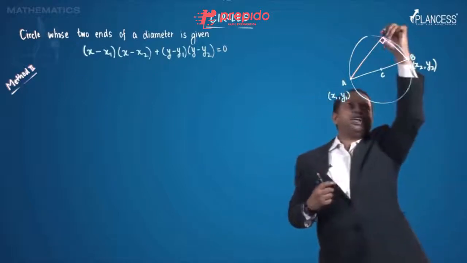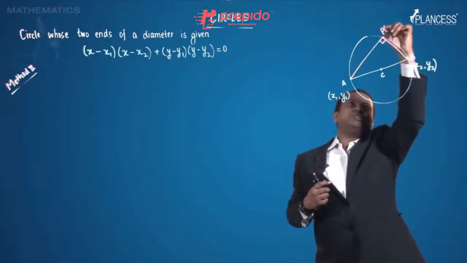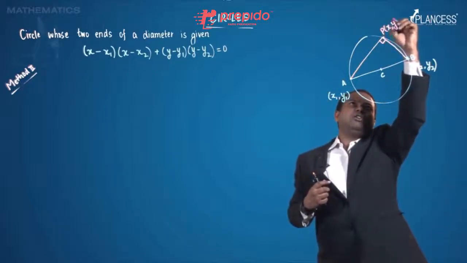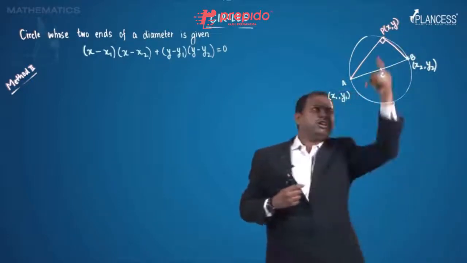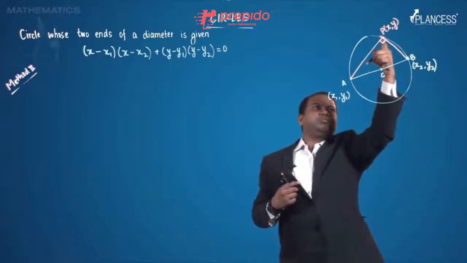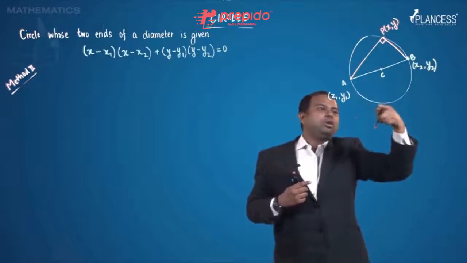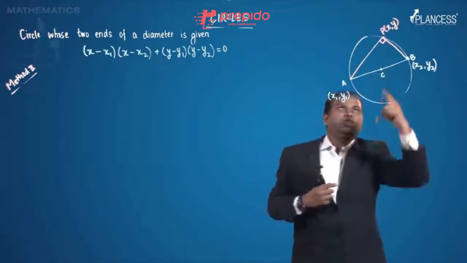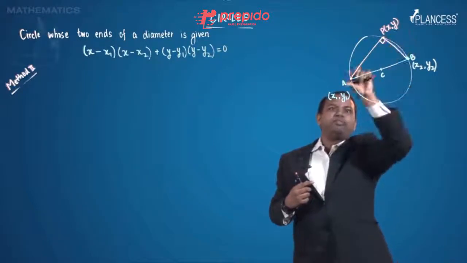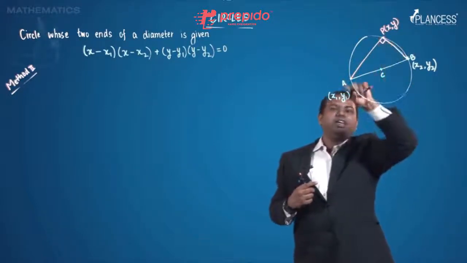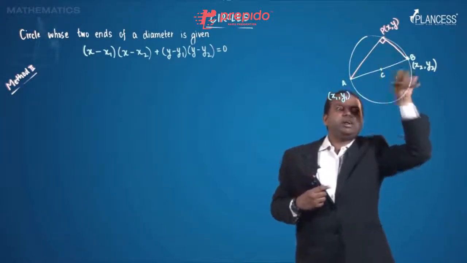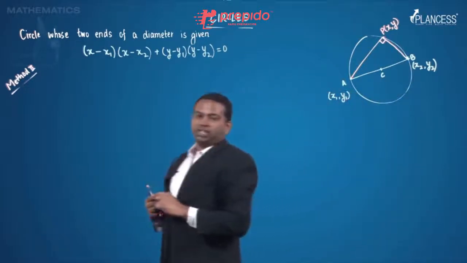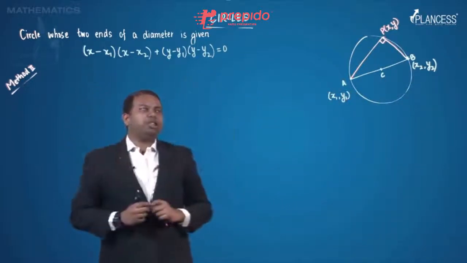Let us say this point is P. Now if this point has coordinates, let's say x, y, you can understand that this point can lie anywhere on the circle. So if we put this condition of 90 degrees using A, P and B, we will get the equation of a circle which will come out to be this.